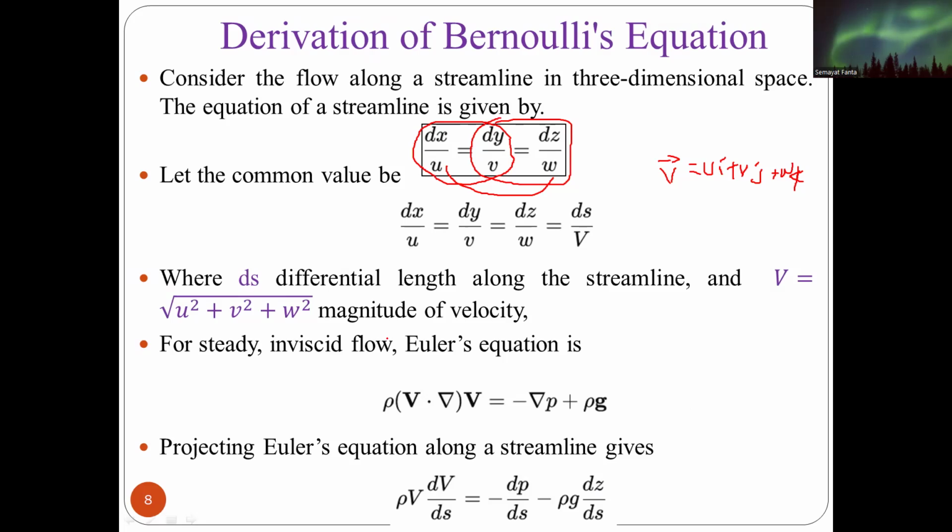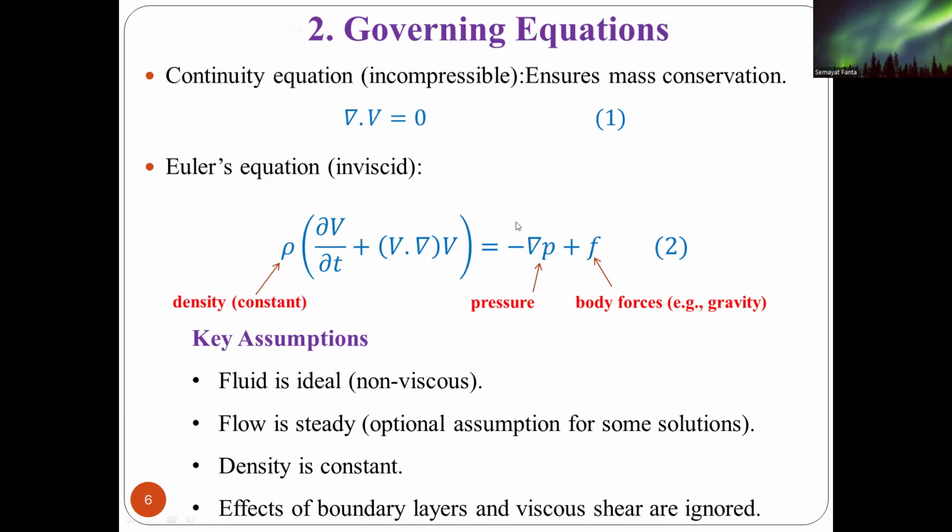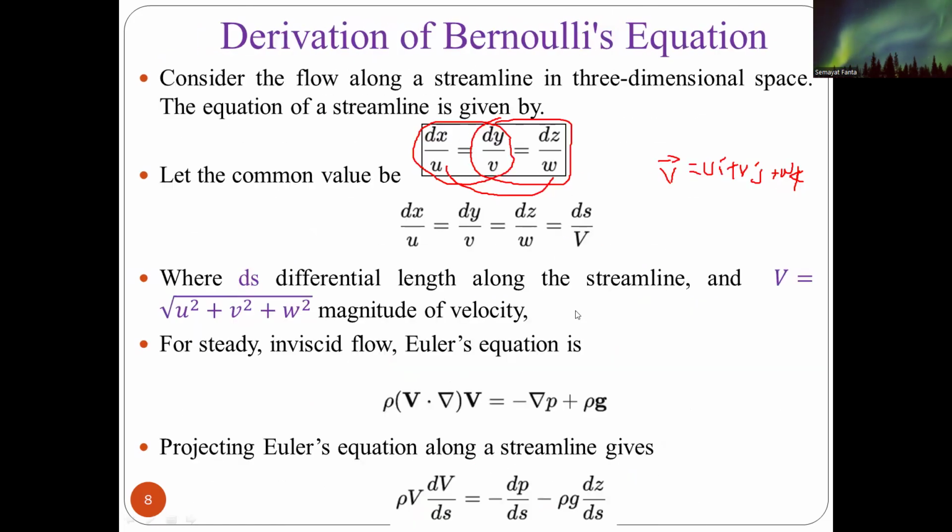And now for steady inviscid flow, the Euler equation. This is just the Euler equation from the previous discussion. Considering this Euler equation, what happens?